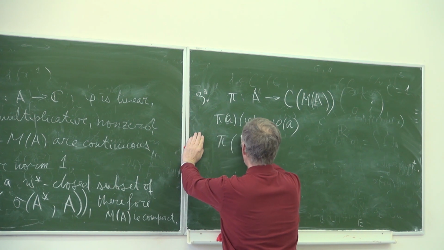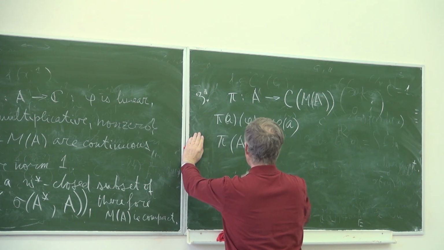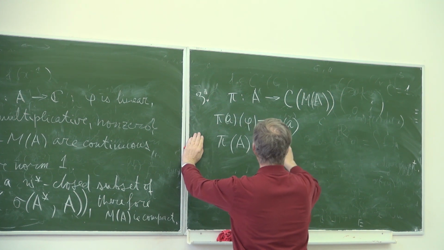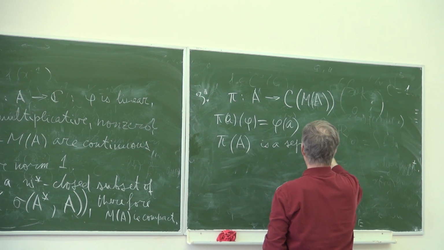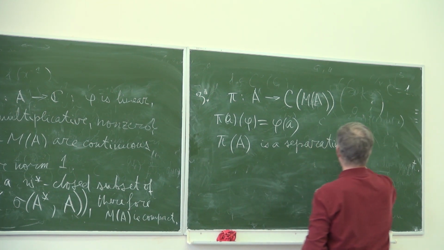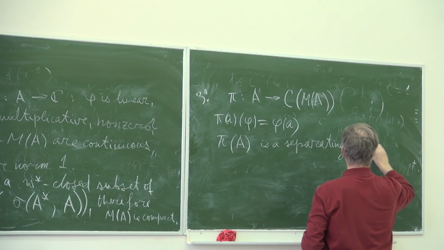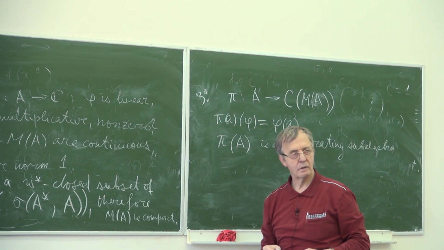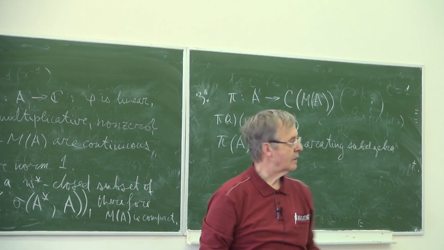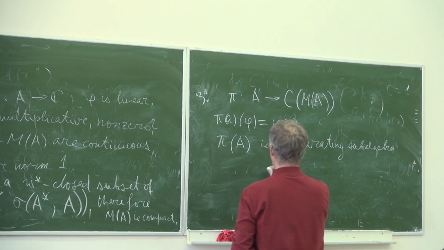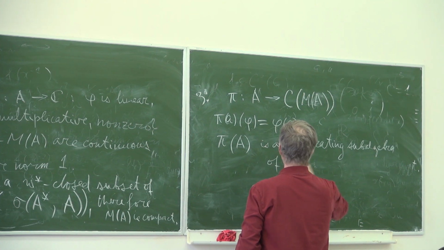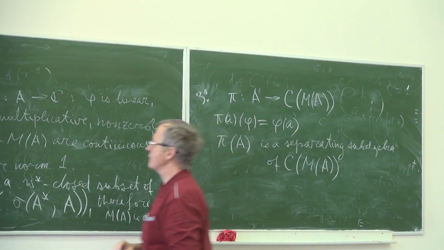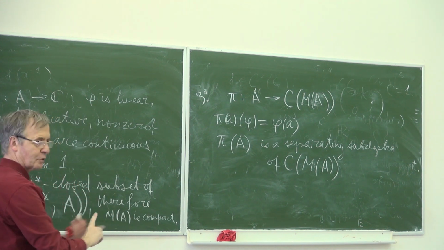Now pi of A is a separating subalgebra of C of M of A. It separates the points because different functionals should differ on some elements.